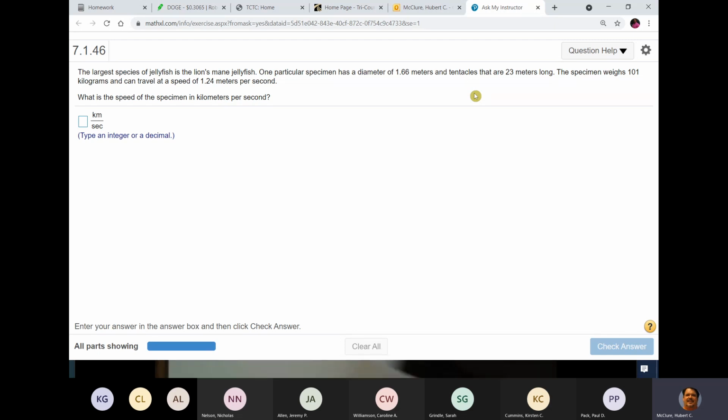Sorry about that. Okay, I got to write everything down. So this one is 1.66 in diameter. And it has tentacles 23 meters long. That is long. It's like 23 yards. It's like 60 feet.